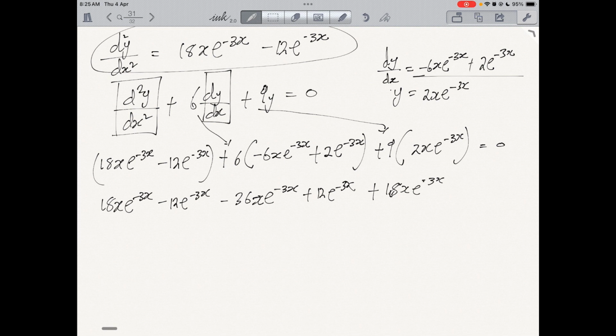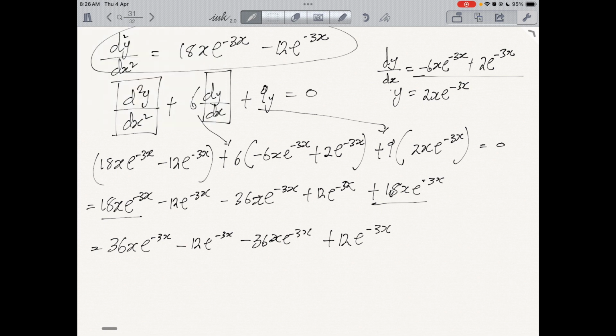Now 18x exponential minus 3x and 18x exponential minus 3x will give us what? 36x exponential minus 3x, minus 12 exponential minus 3x, minus 36x exponential minus 3x, plus 12 exponential minus 3x.